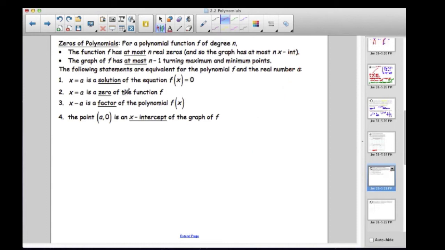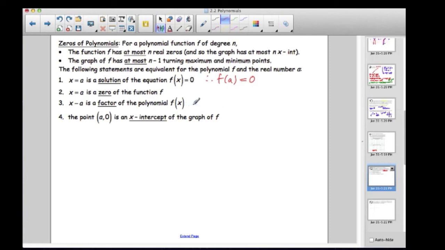Here are some statements that are equivalent, and so we may use these terms and words interchangeably. If we have a solution x equal to a is a solution of the equation f of x equal to 0, so therefore what we're saying is that when we substitute x with a, we get f of a is equal to 0. x equal to a is a 0 of the function, which is the same as saying a solution to the equation. x minus a is a factor of the polynomial.